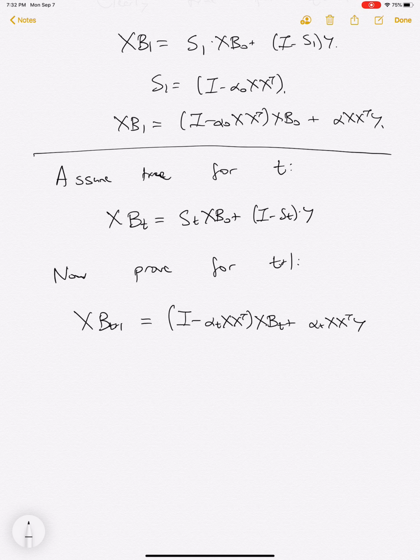And then we've assumed that x_t equals S_t x_0 plus (I - S_t) y.